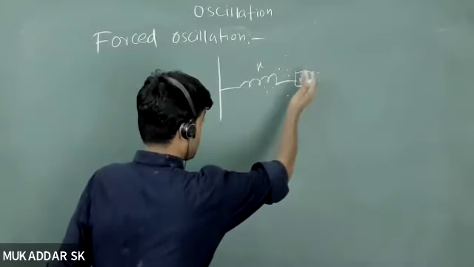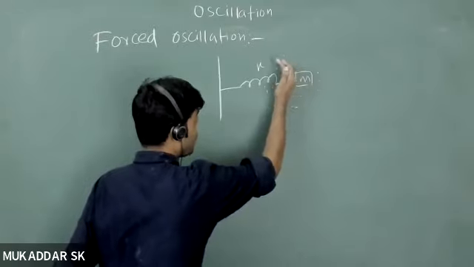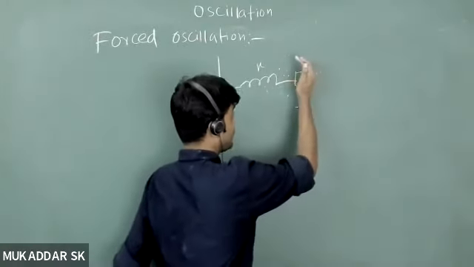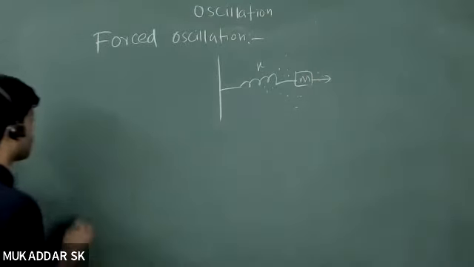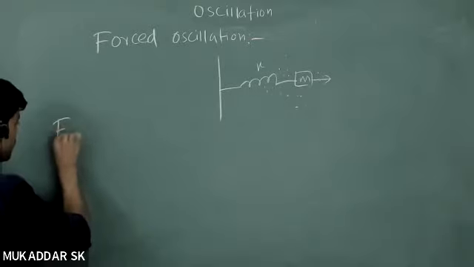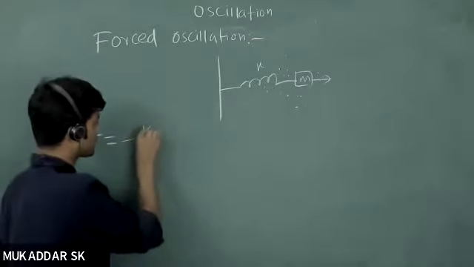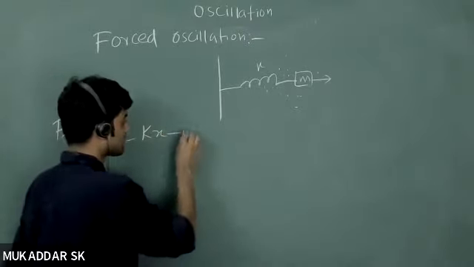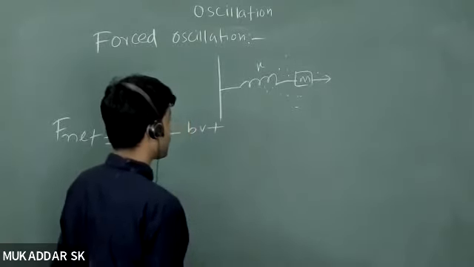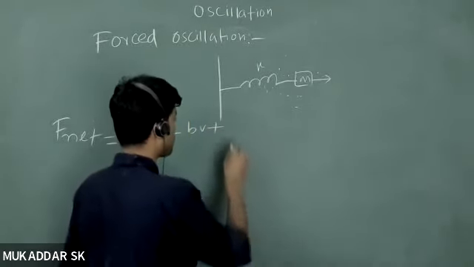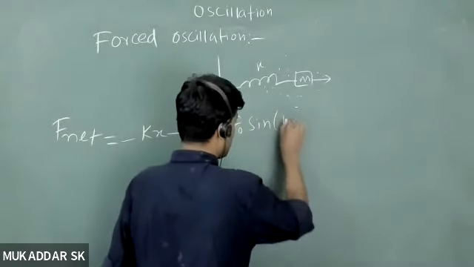The damping force and restoring force act on the opposite side, but the force that you are providing acts on the same side as the displacement. So from here itself, the net force will be minus kx minus bv, plus some oscillating force, and let us define this force as F naught sin pt.